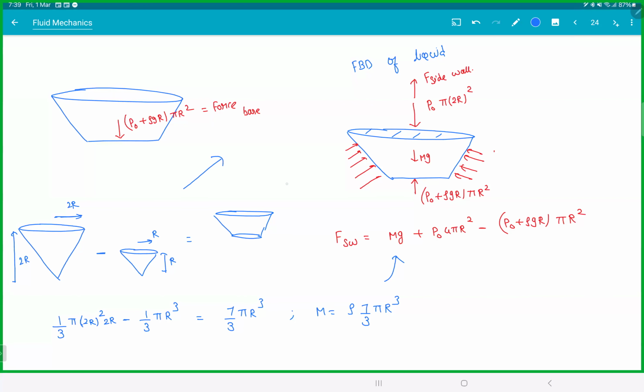Side wall, if there are two forces, the resultant will be in which direction? Vertically up. So why do you need the angle? The horizontal components will cancel anyway. Are you getting F side walls? What did I do? All this net force, I wrote it as one force here. I hope everyone was clear with that part.